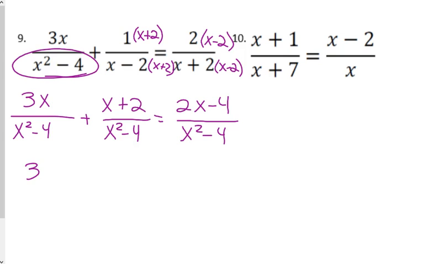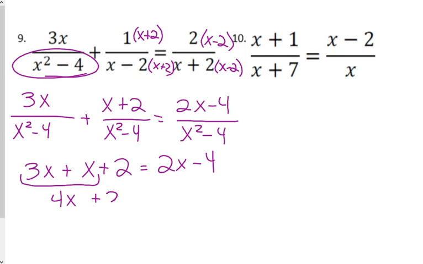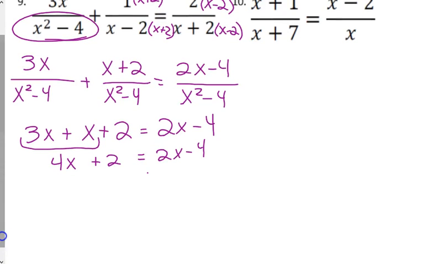So we're going to have 3x plus x plus 2 equals 2x minus 4. Combine like terms, we have 3x and 1x, that's 4x, plus 2 equals 2x minus 4. I'm going to subtract 2x from both sides.